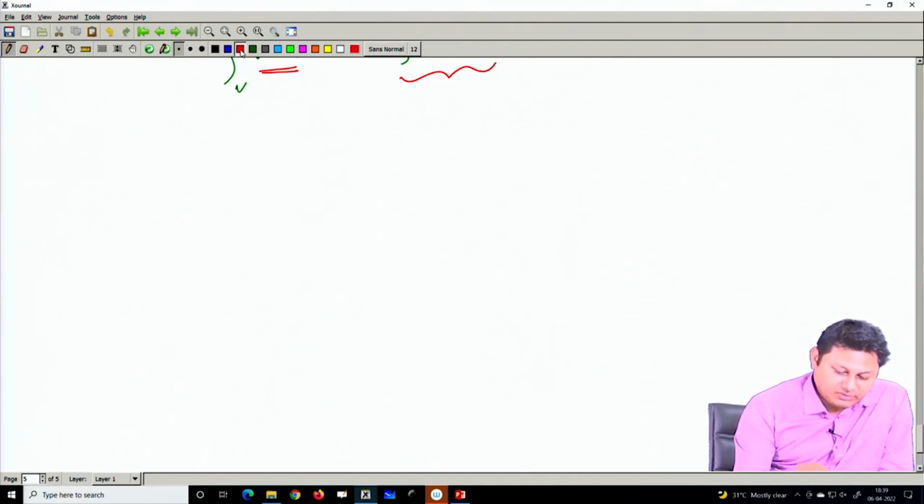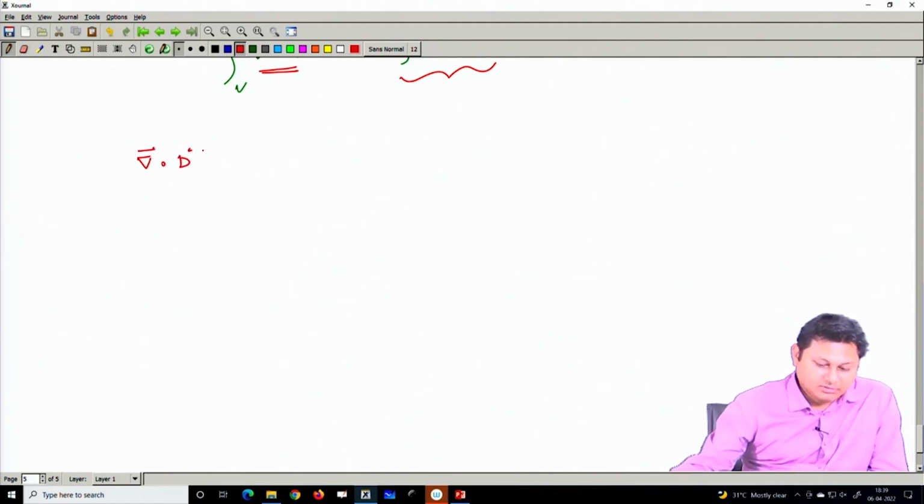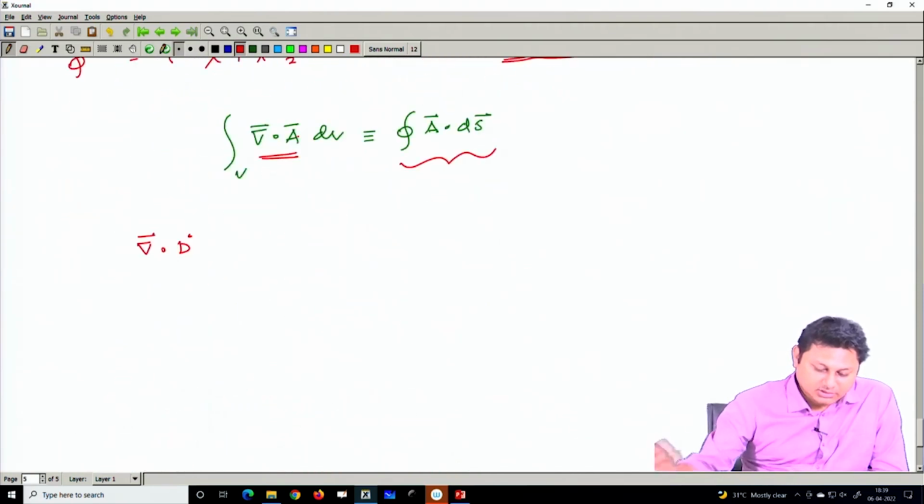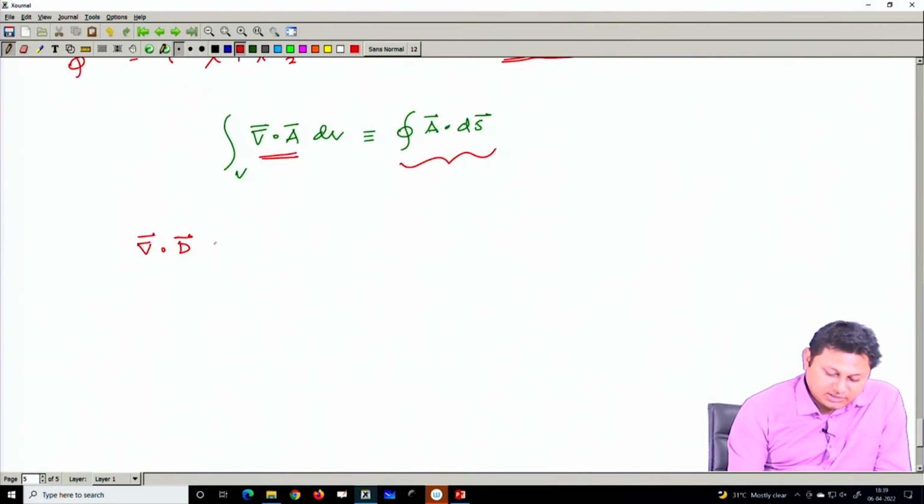So, first we need to calculate the divergence of the given vector field D. It is in cylindrical coordinate system, so you should be careful enough.